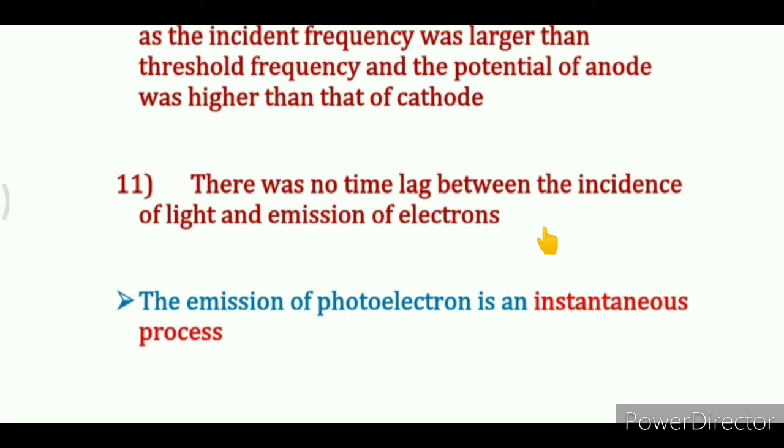We had already discussed this in the experimental setup. So as soon as light is incident on the material, we can observe the photoelectric current, and hence we conclude that photoelectrons are emitted instantaneously. That's why we say the emission of photoelectrons is an instantaneous process.